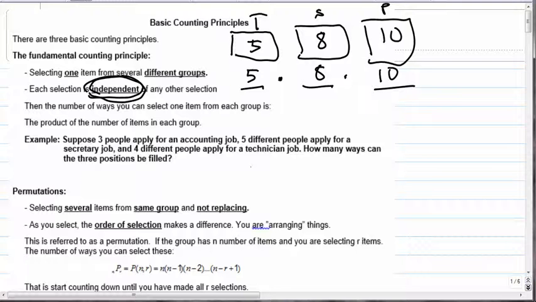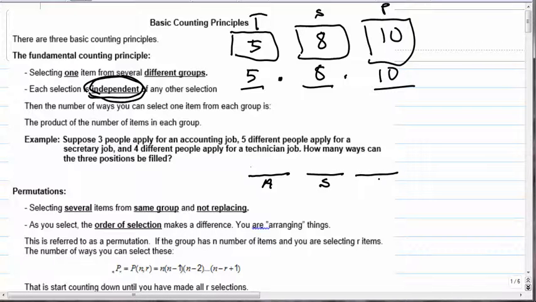So for example, suppose we have 3 people applying for an accounting job, 5 people applying for a secretary job, 4 different people applying for a technician job, and we want to know how many ways the 3 positions could be filled. So once again, what we need to do here is we're going to have to pick an accountant. We're going to need to pick a secretary.